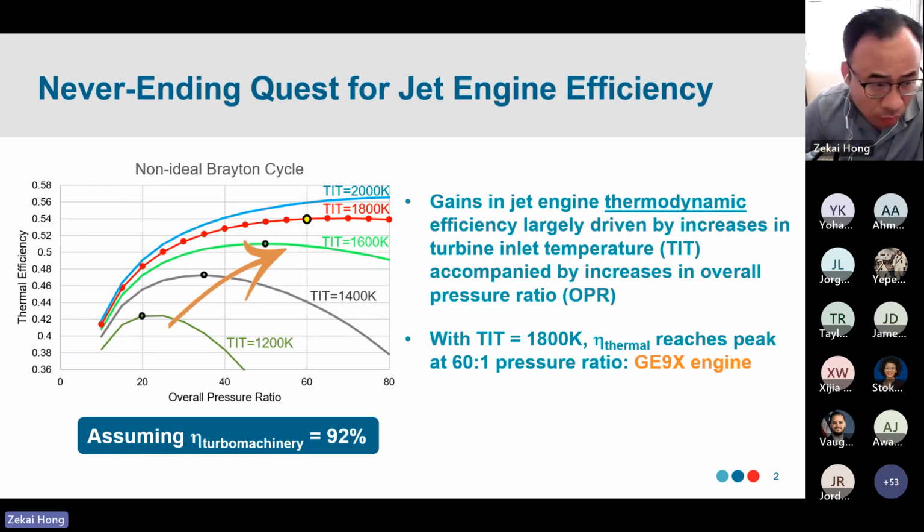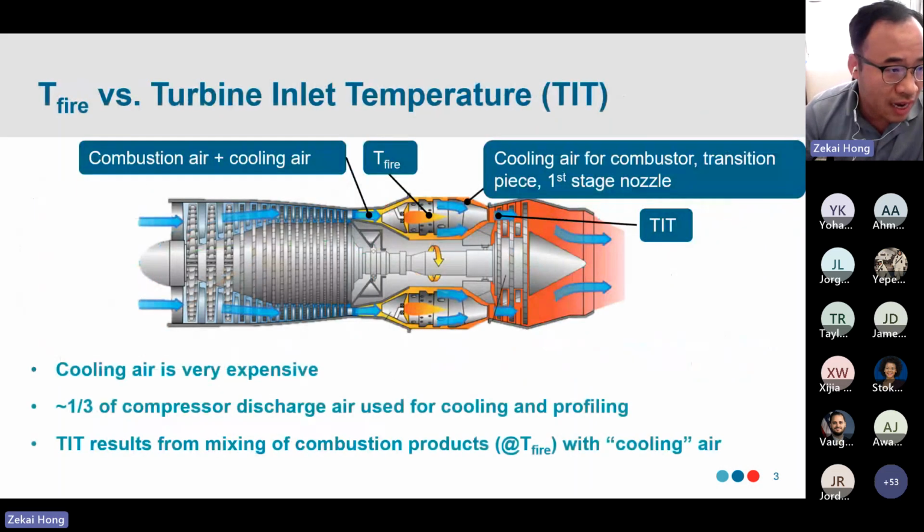All right. Now, what is TIT? There's a difference between T-flame and the TIT. If you look at this cross-section of a gas turbine combustor, TIT essentially is the gas temperature going into the turbine, whereas the temperature in the combustor is the T-flame or T5.